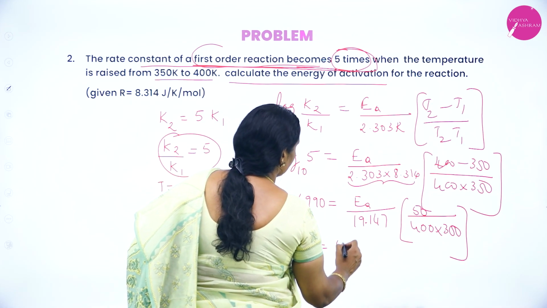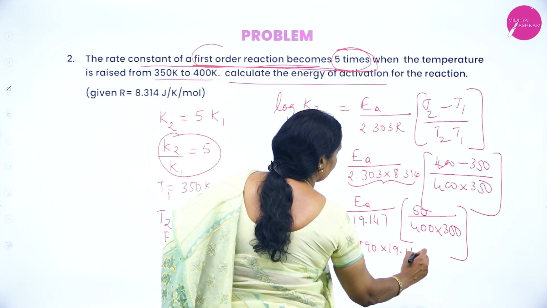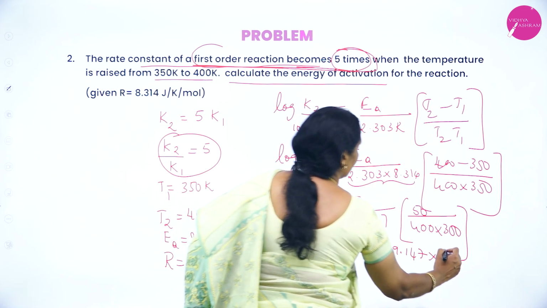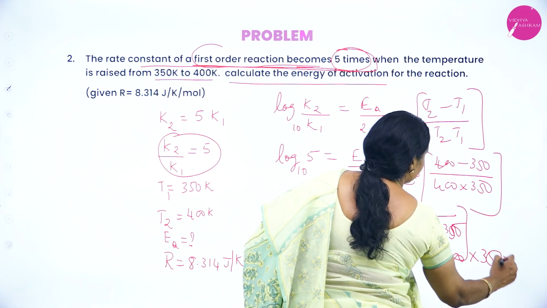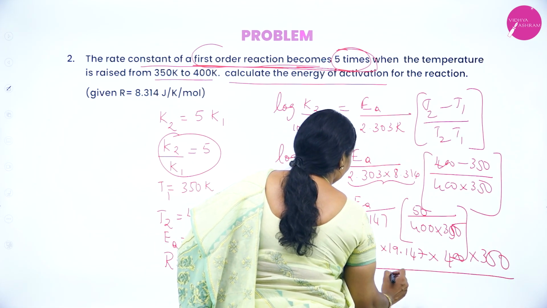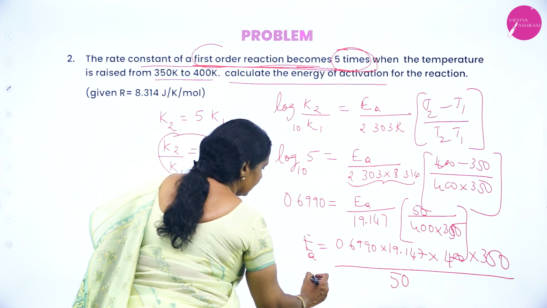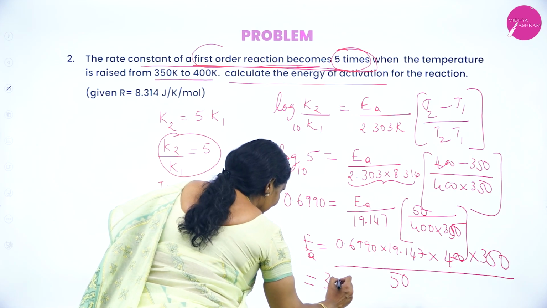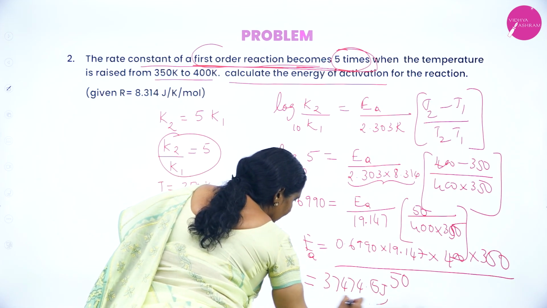EA is equal to 0.6990 into 19.147 into 400 into 350 divided by 50. If you simplify this, you will get the answer 37474.5 joule.